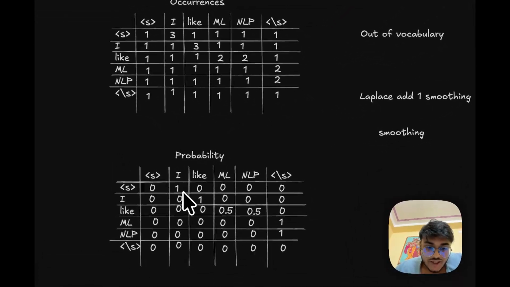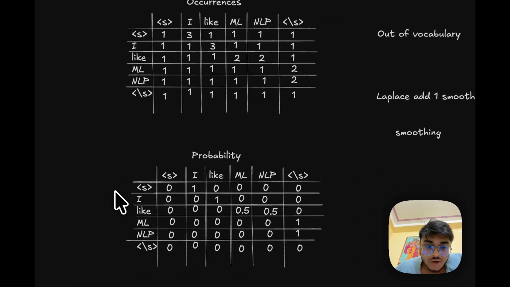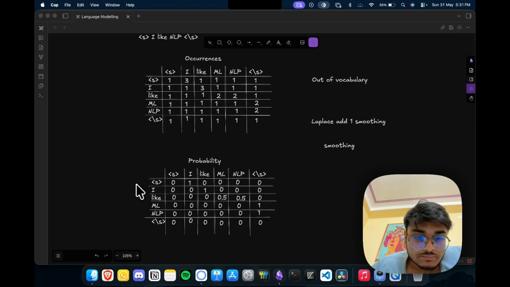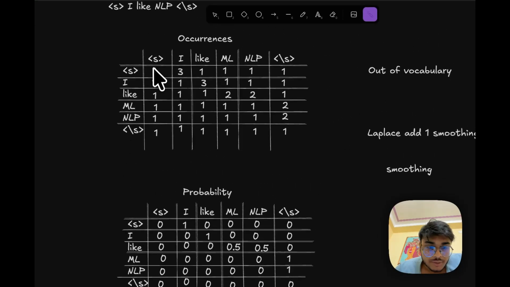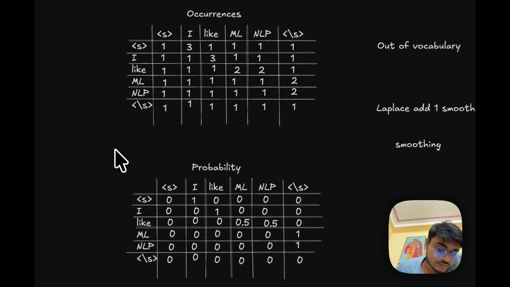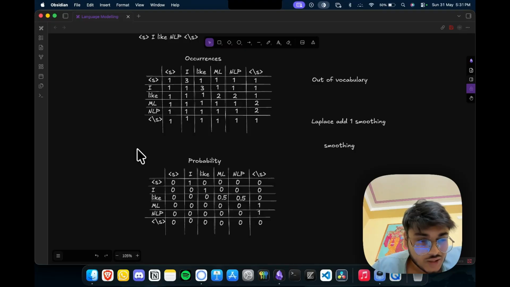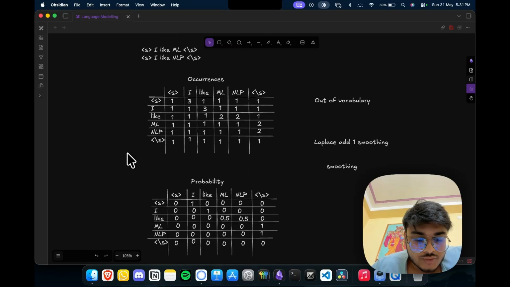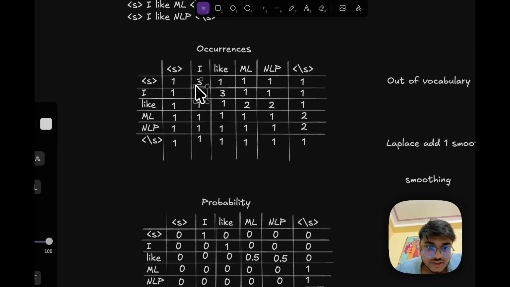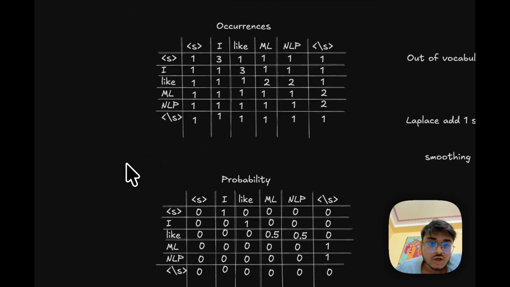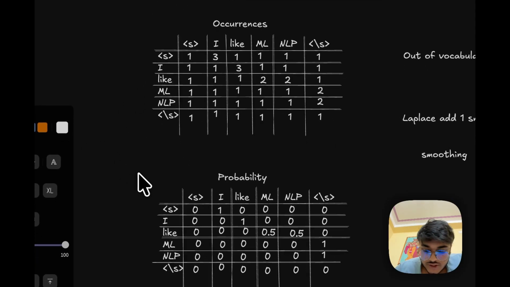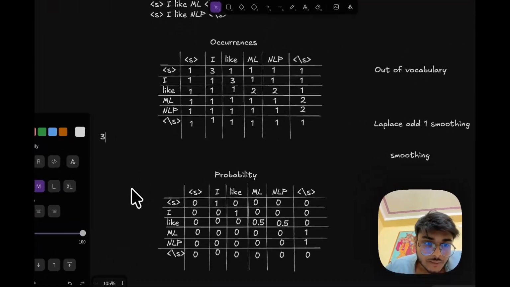You already calculated the probabilities before. Now you have to divide this particular occurrence by the before probability. I'm going to explain it in an easy way.